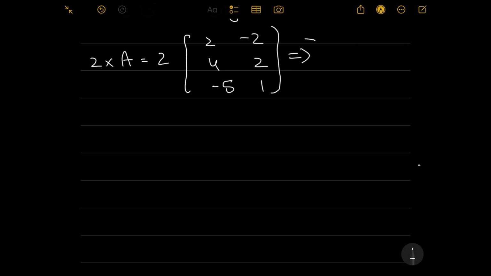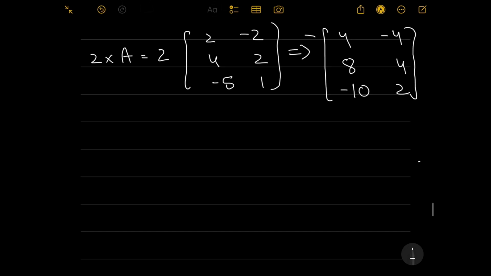So simply multiplying 2 with it. I'm going to be a bit direct. So 2 into 2 is 4, minus 4, then 8, then 4, then minus 10, and then 2.